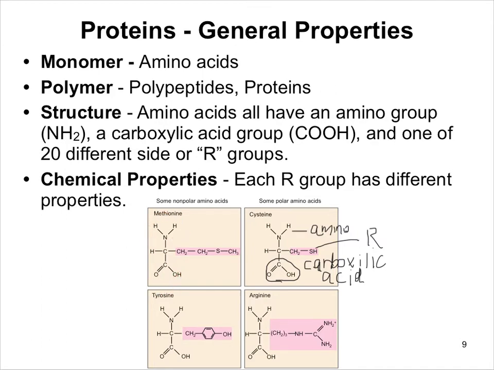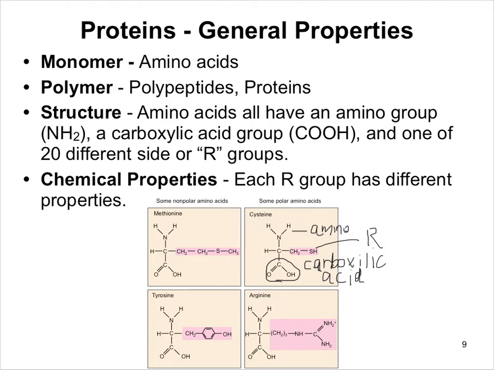The R group is a variable. There are 20 different amino acids that your body uses, and each one has a different R group. So all amino acids have the same amino and acid part, and that's how they polymerize, that's how they hook together. But each R group is different.